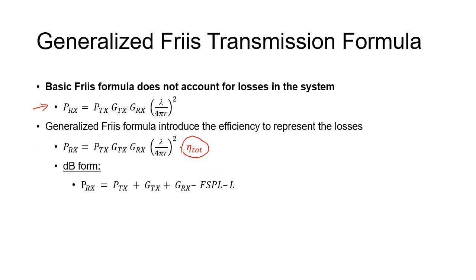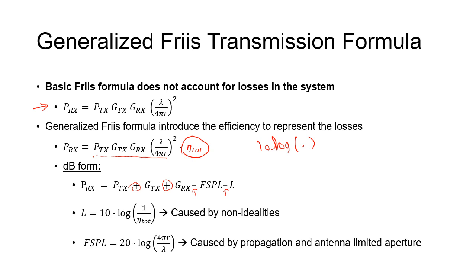And there is something called the dB form. Simply, if you take 10 log of both sides here, multiplication will turn into summation. Of course, here there is a minus, because it depends on how we write the losses. And then we have some definitions. L is just the losses introduced by the efficiency. We can say 10 log 1 over eta total.